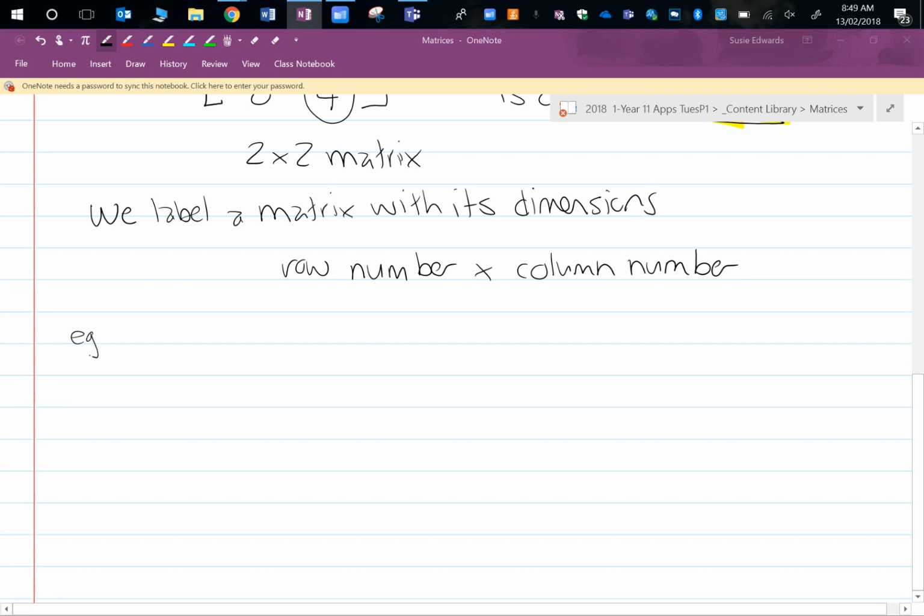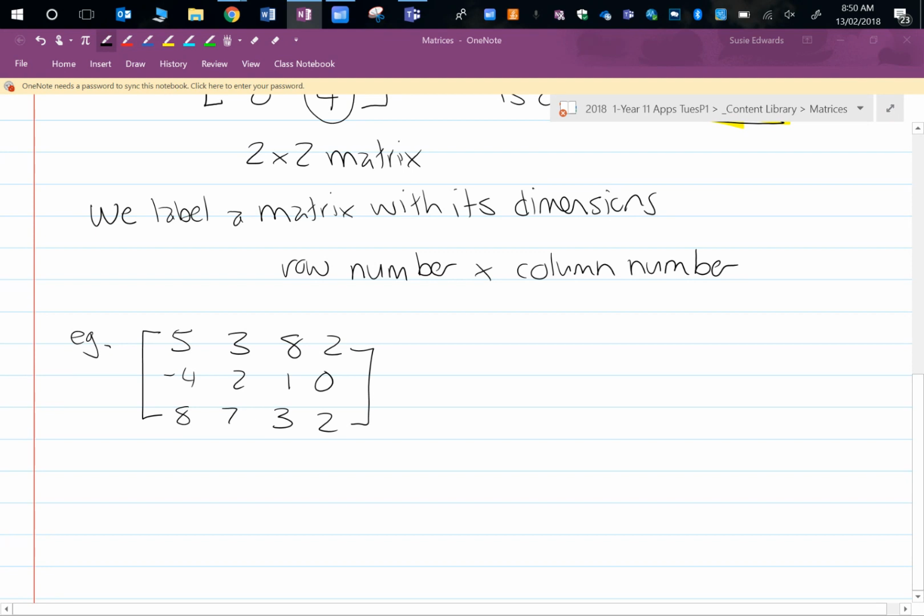So, e.g., if we had this one, you can make up your own numbers. Doesn't really matter what numbers they are. We're not going to use this example for later. But you have to have that many numbers.